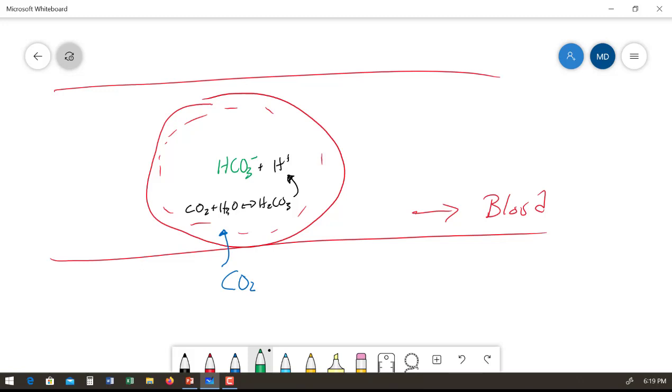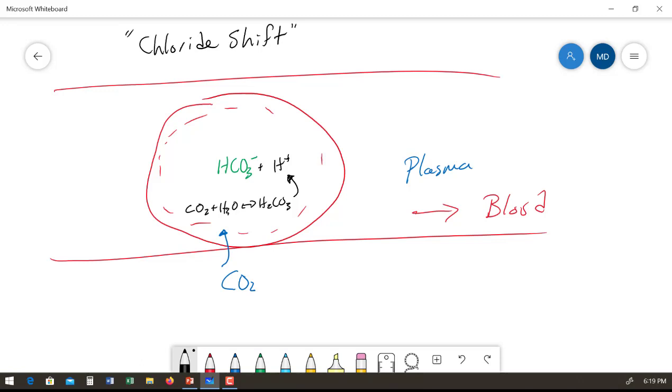Well, that bicarbonate, we don't want to leave in the red blood cell. We need to get it out into the blood plasma. So remember, out here we have blood plasma, along with the red blood cells. In order to get this bicarbonate out of the red blood cell, something happens called the chloride shift. You should be aware of this also.